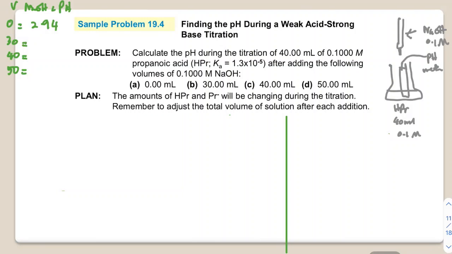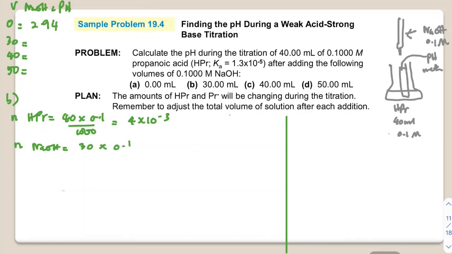To start the calculation, we have to calculate the moles for each one. n for HPr is equal to 40 multiplied by 0.1 over 1000, which is 4 times 10 negative 3, and then n for the sodium hydroxide that is added is equal to 30 ml multiplied by 0.1 over 1000, so it is 3 times 10 negative 3.